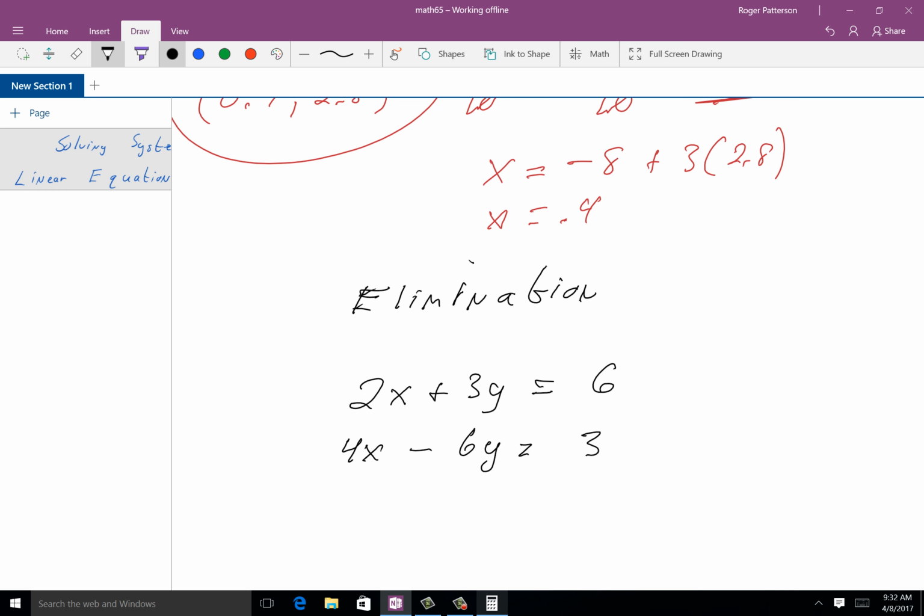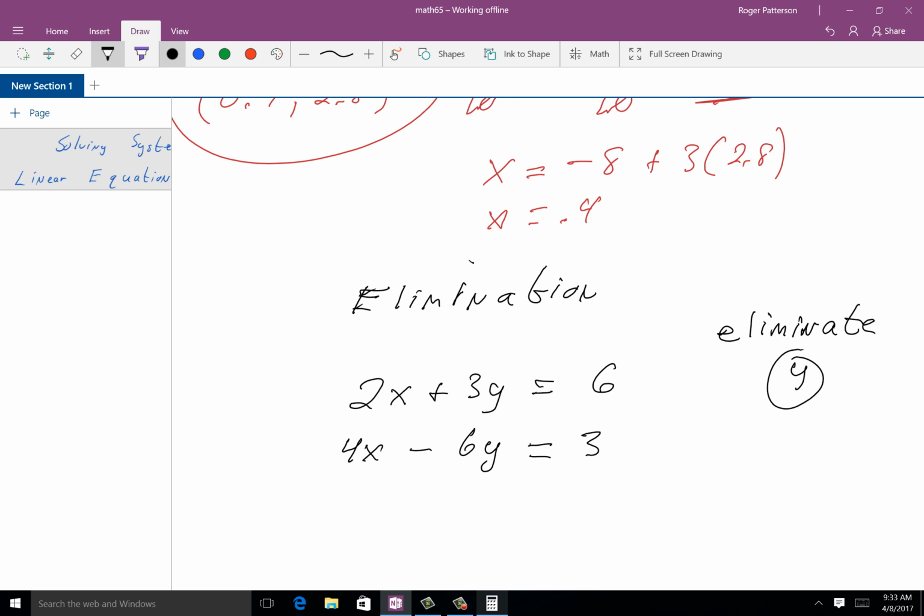So what do I mean by that? Well, let's say that we want to get rid of, so we're going to eliminate y, for example. Okay, this is an equals here. So I'm going to eliminate my y's.